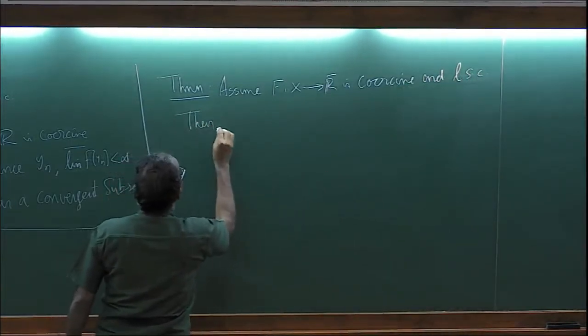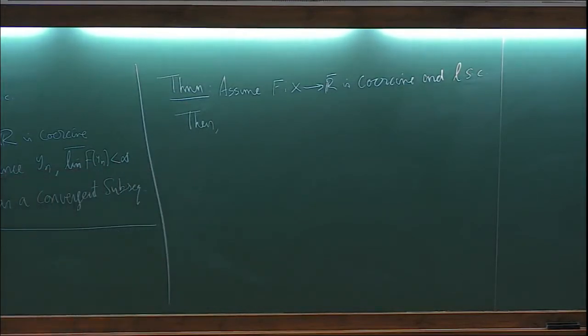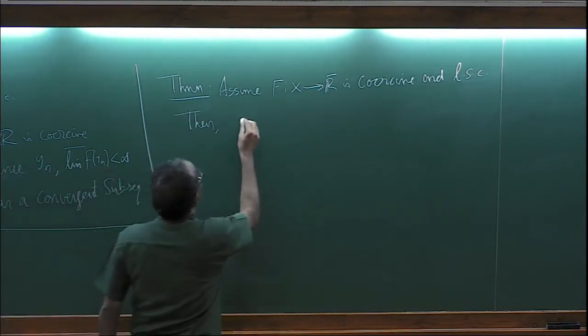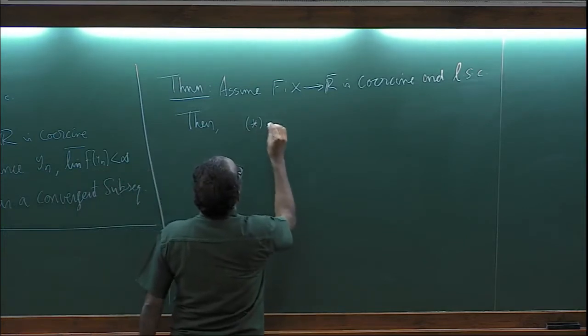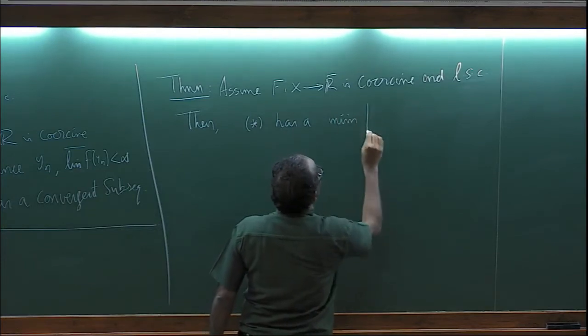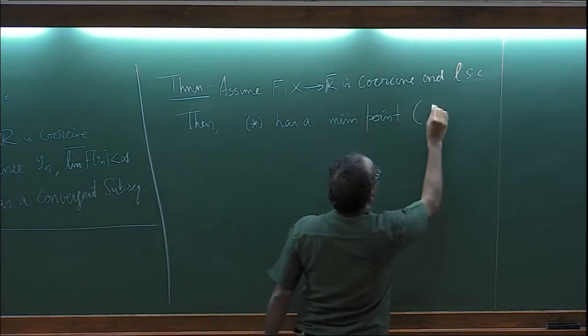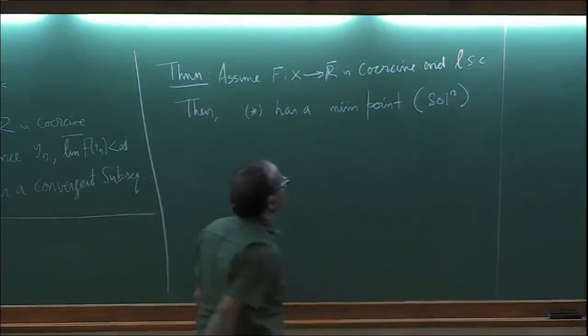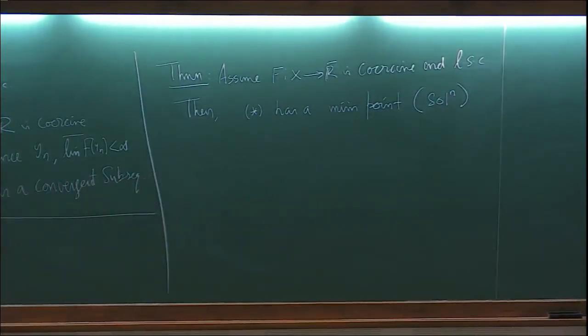You see the motivations we looked at; formulation is not easy, but these notions will allow you to talk about the minimization problem. Then star has a solution, a minimum point. As I said, you can't get uniqueness unless you have additional assumptions like convexity.